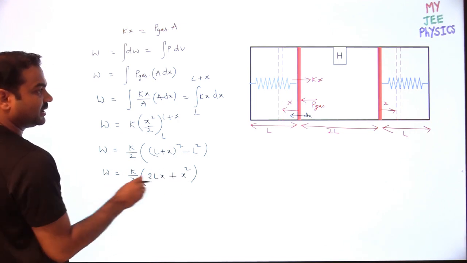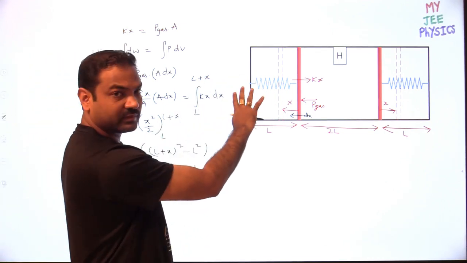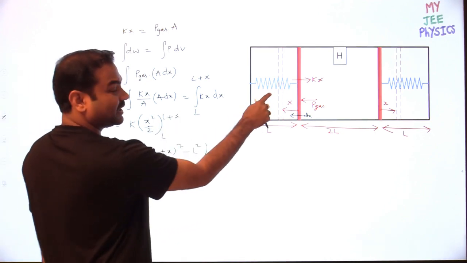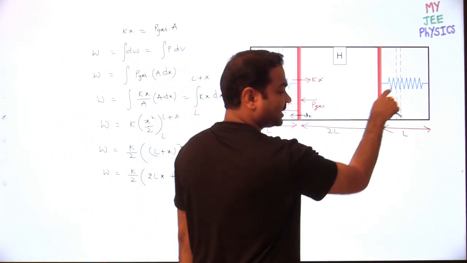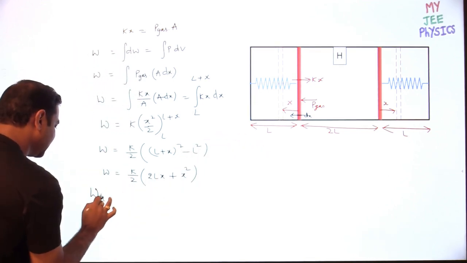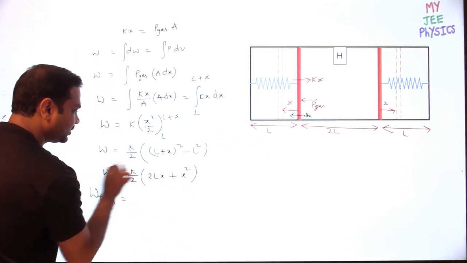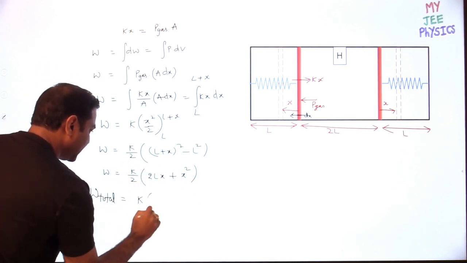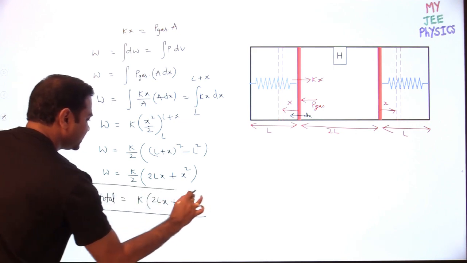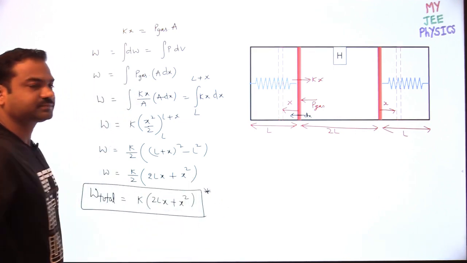This is the work done on one side, only one spring we calculated, or you can say this is the energy change in the left side spring. Similarly, the energy change in the right side spring is also the same, you will get symmetry. Then what is the total work done by the gas? Total work done by the gas is 2 times this, which is simply K into (2Lx plus X square). This is the total work done by the gas.